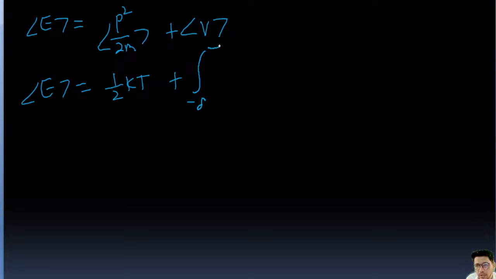The integral is from minus infinity to plus infinity, V is given as lambda x to the power 4, e to the power minus beta times lambda x to the power 4, and then dx, because it is in one dimension.